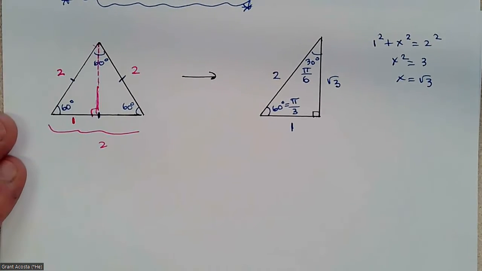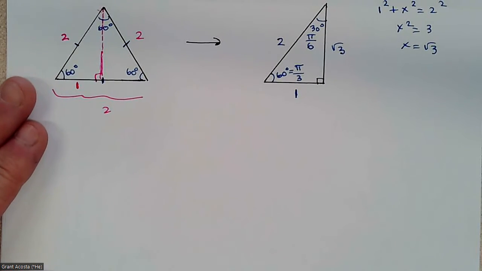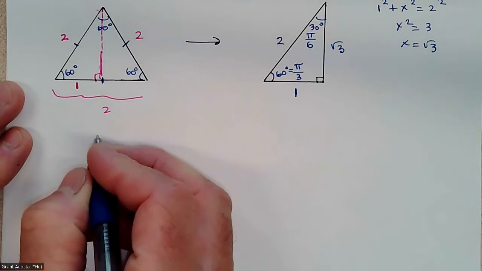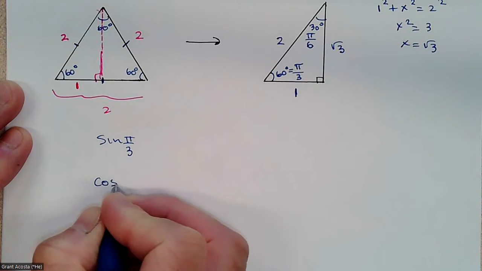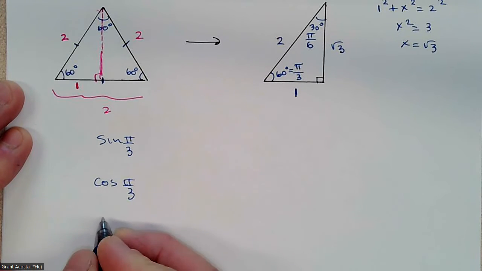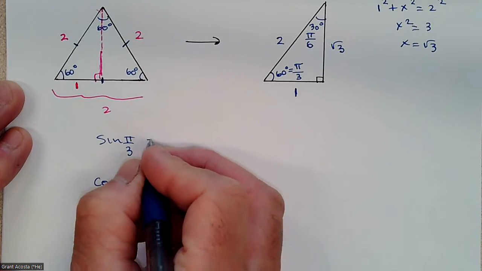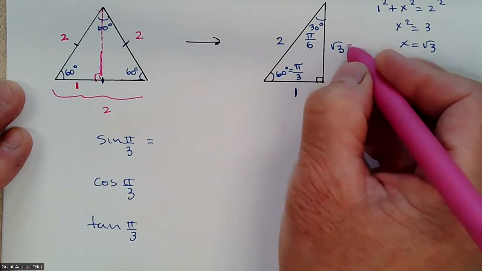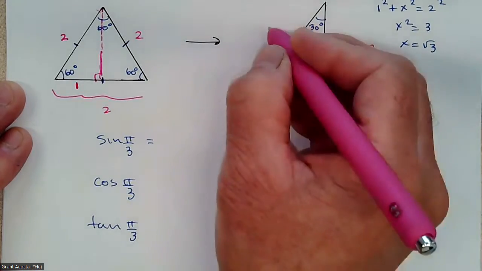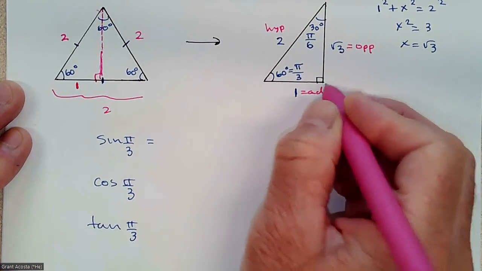So from this triangle, I can actually learn the sine, cosine, and tangent for 2 more angles here. One of them is pi over 3. Let's do that. Sine of pi over 3, cosine of pi over 3, tangent of pi over 3. From pi over 3, root 3 is the opposite side, 2 is the hypotenuse, and 1 is the adjacent side.